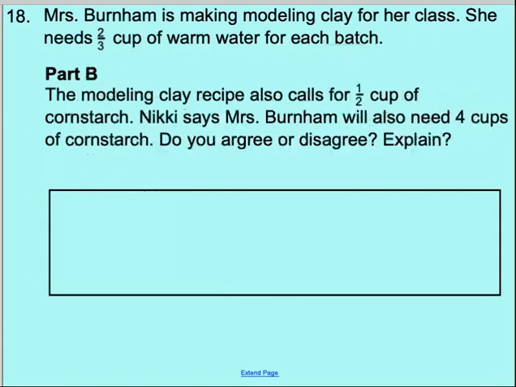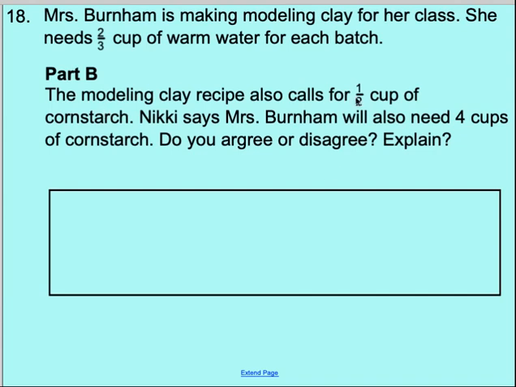Next one. The modeling clay recipe also calls for 1/2 cup of cornstarch. Nikki says Mrs. Burnham will also need 4 cups of cornstarch. Do you agree or disagree? All right, so let's see.